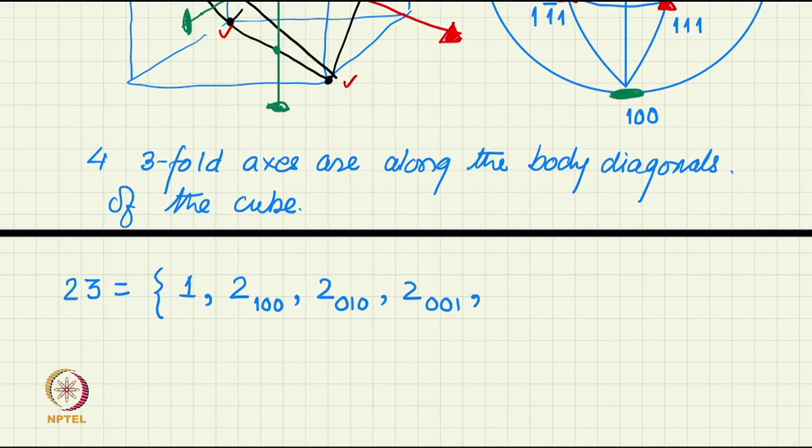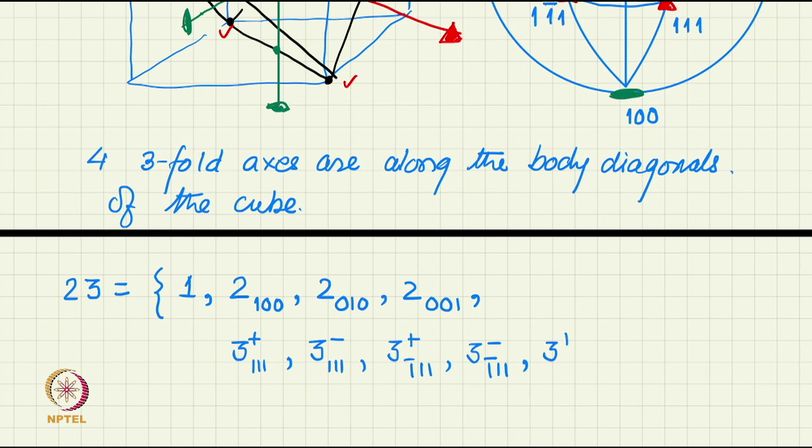So, we will have 3 plus 1 1 1, 3 minus 1 1 1, 3 plus bar 1 1 1, 3 minus bar 1 1 1 about the other axis.